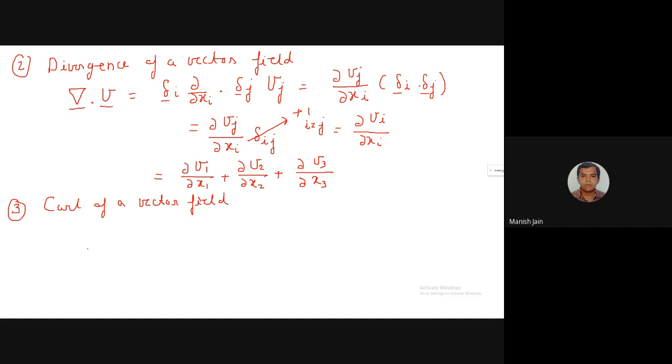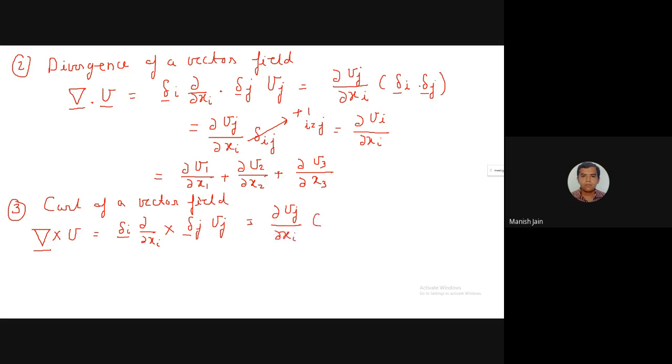So you can write del cross V. This will become e_i ∂/∂x_i cross e_j V_j, with the magnitude multiplied, ∂V_j/∂x_i.